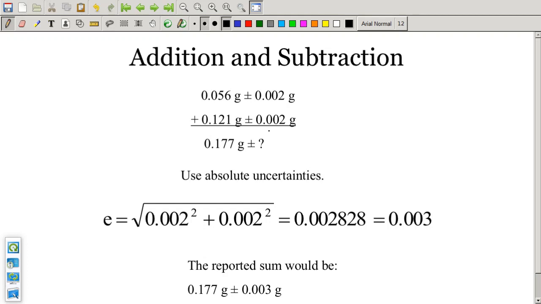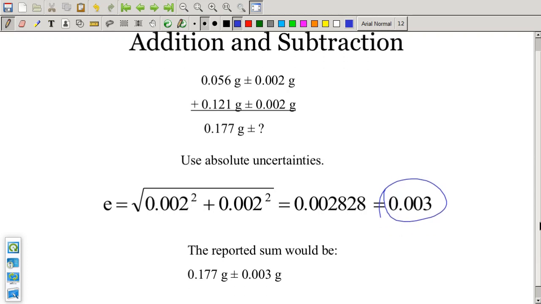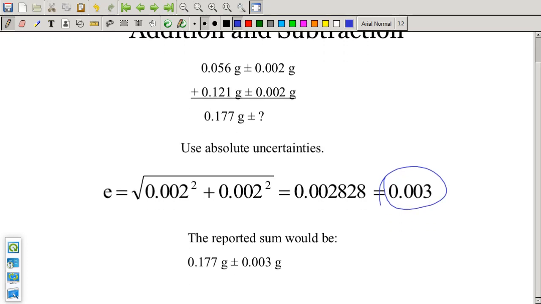That gives me this value, 0.002828, and I'm going to round that back to the appropriate number of decimal places. And so the result is, by adding these two numbers together, the absolute error grows slightly. So you want to be comfortable with how you handle absolute error in the calculations that you do. And you'll see this on the first exam.